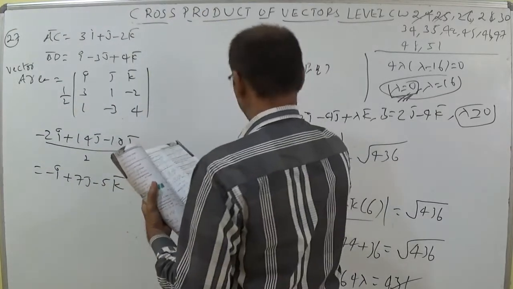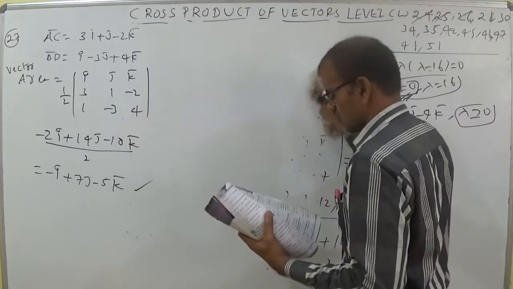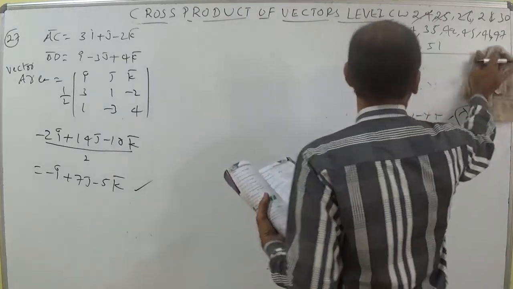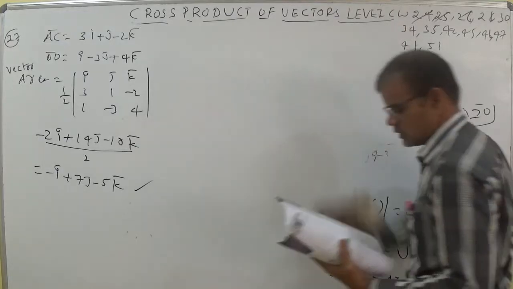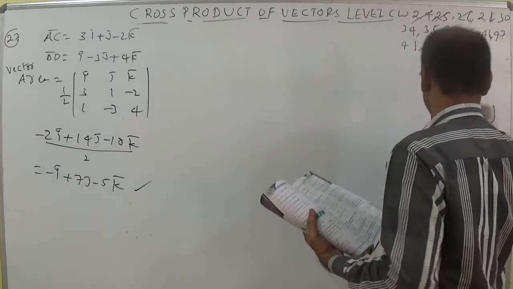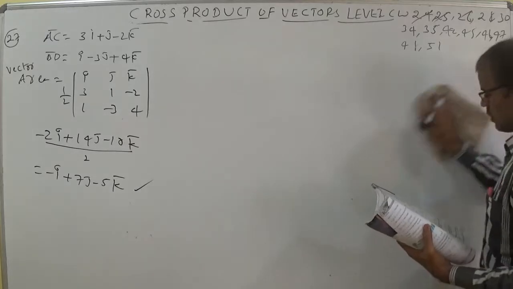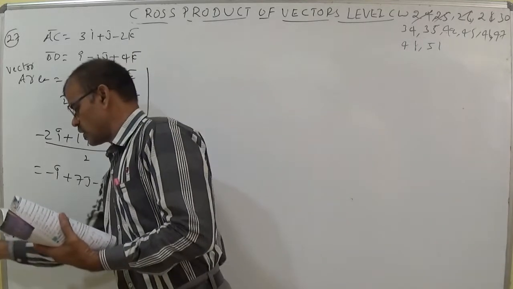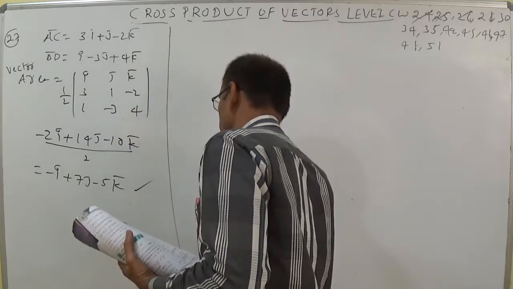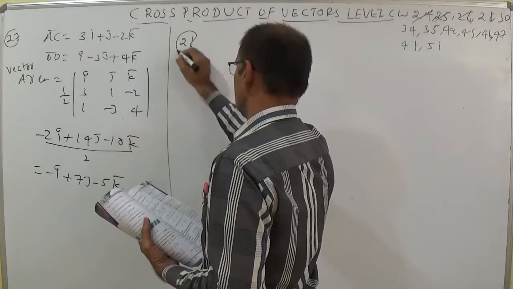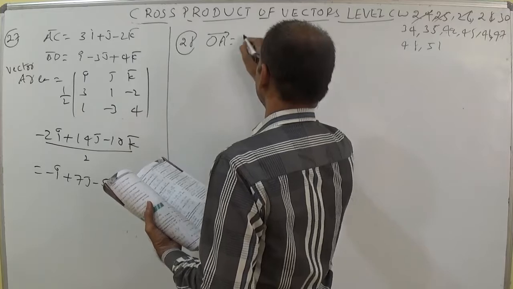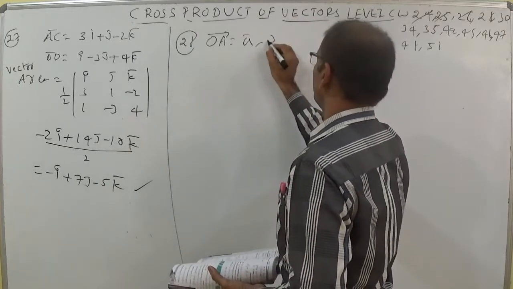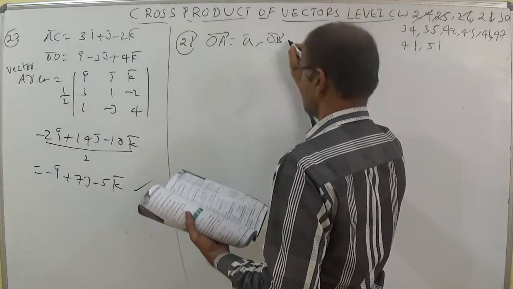OA is equal to a bar, the given vector. OA is the position vector with respect to the origin. OA is equal to a bar. OB is equal to 10a bar plus 2b bar. In the 28th question, capital A is a vertex, O is the origin, and the position vector of A with respect to the origin is a bar.